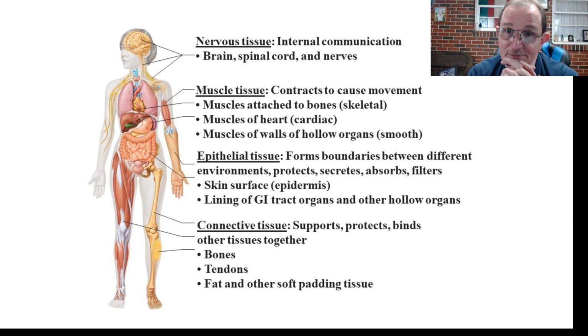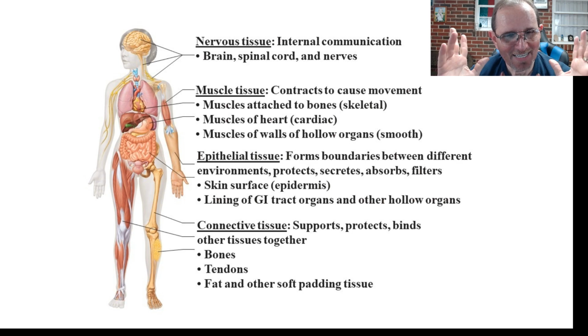Connective tissue, there's a lot of different kinds of connective tissue, and it's going to take us a little while to go through that. But connective tissue is going to protect us. It's going to be a support, and think of the bones. It's going to hold our bones together and hold our muscles to our bones. Hold on, guys.